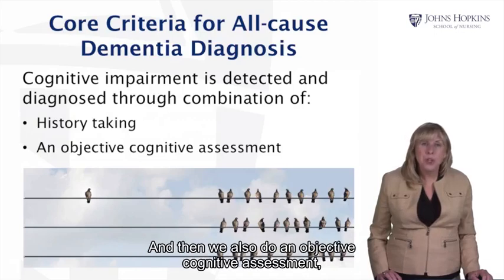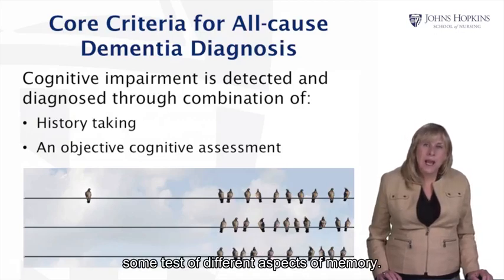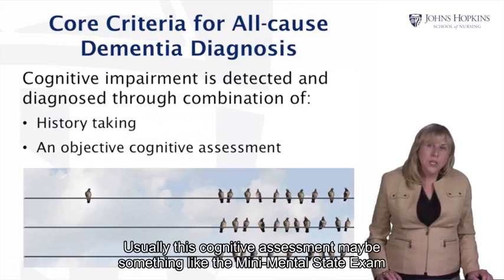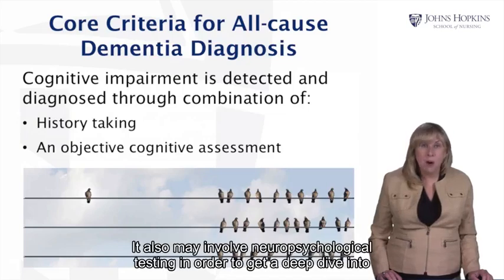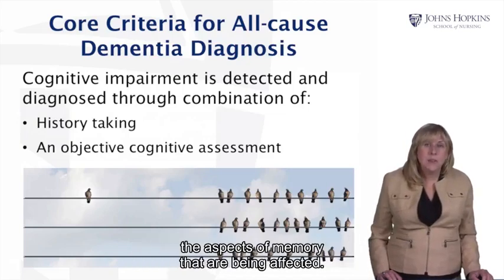And then we also do an objective cognitive assessment, some test of different aspects of memory. Usually this cognitive assessment may be something like the Mini Mental State Exam or the MMSE, or the Montreal Cognitive Assessment, also called MoCA. It also may involve neuropsychological testing in order to get a deep dive into the aspects of memory that are being affected.